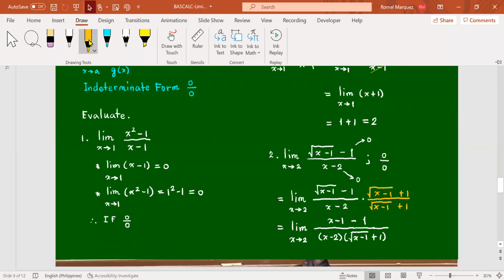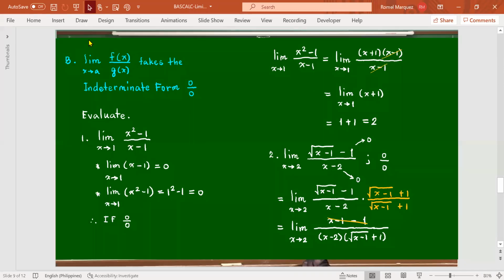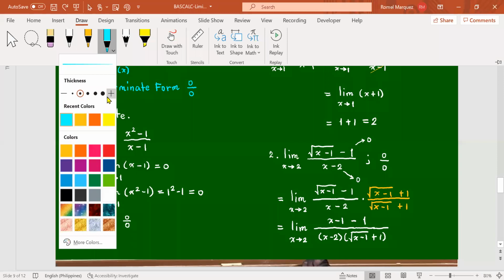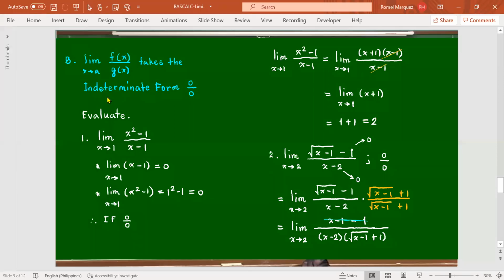So I can now cancel this with this. Medyo gawin ko lang siyang manipis. Yan. So, what is now left? Ang natira na lang, mas simple na function, no? Pero ang limit niya ay para sa limit ng original.